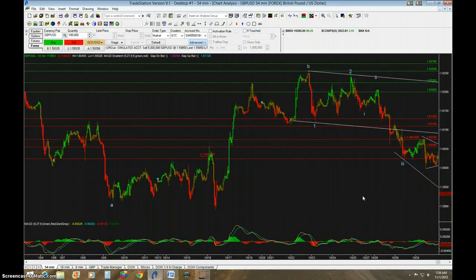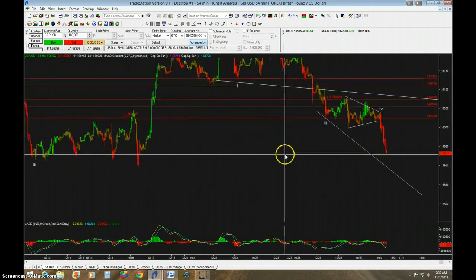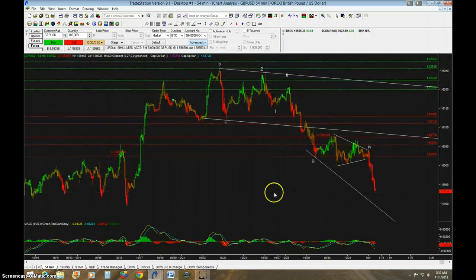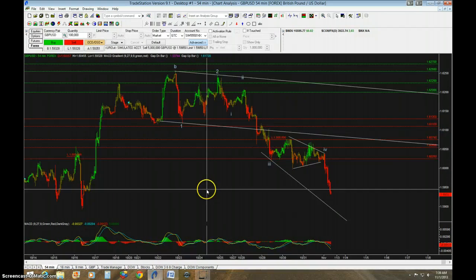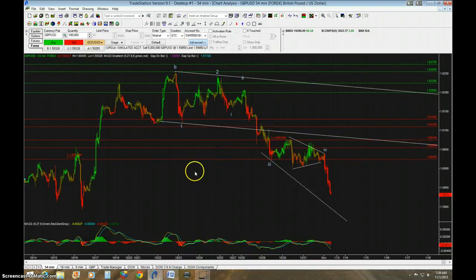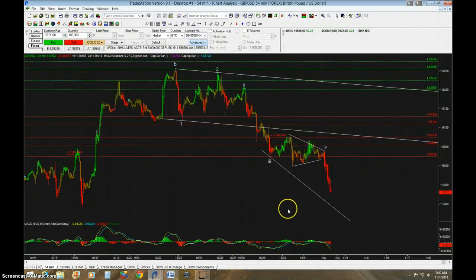Tiny fifth wave. It didn't look like that to me in real time, but based on what it's doing now, I'd say that is the count. And then since then, it has started to make the C wave, and I do believe the count is as follows. We've got 1, 2, and then 1, 2, 3, 4, and it's making 5 to finish 3.